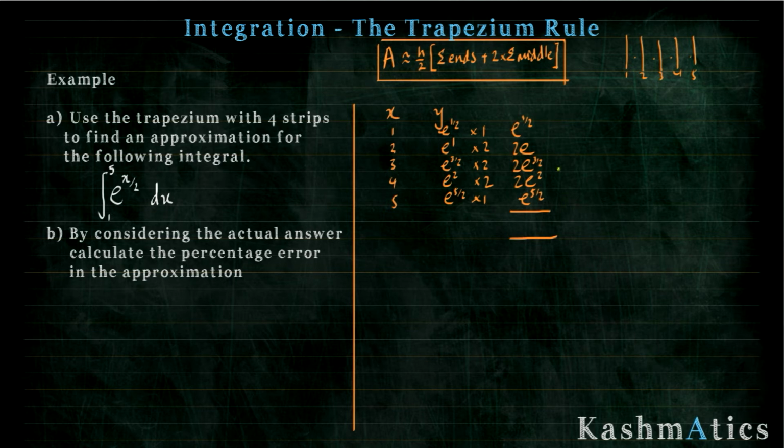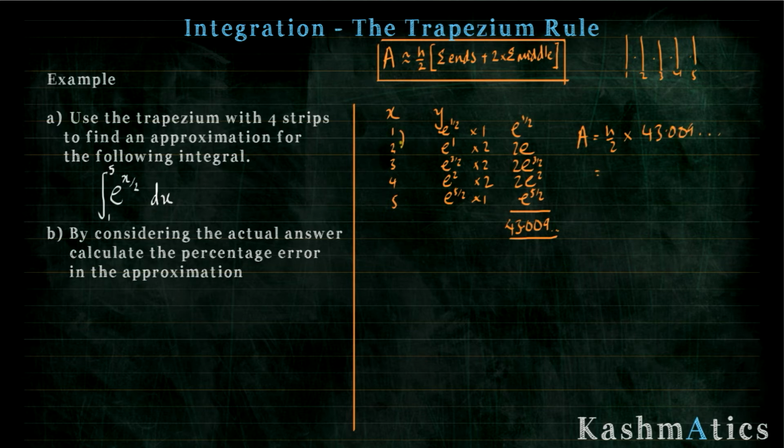So I'm just going to put this into the calculator, and what I end up with is 43.009, and it just carries on. And I leave this answer on my calculator display. So what I need to do then is A equals h over 2 times 43.009. Okay, and in our case, h is 1.